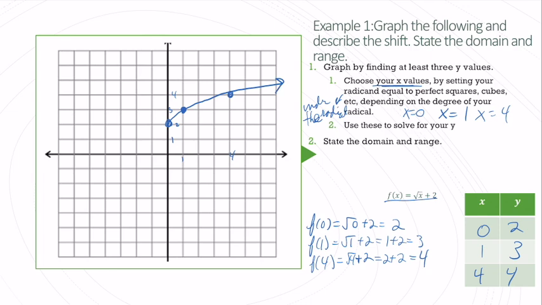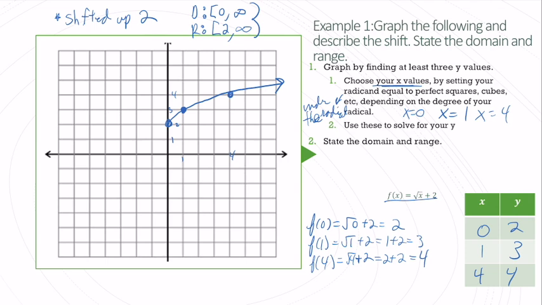If I wanted to describe the shift, this graph has been shifted up 2. My domain goes from 0 to infinity, and my range goes from positive 2 all the way to positive infinity.